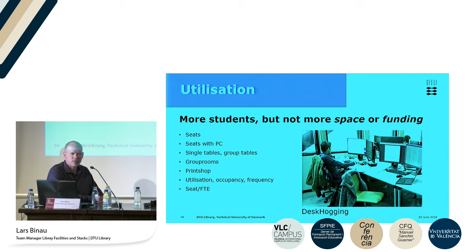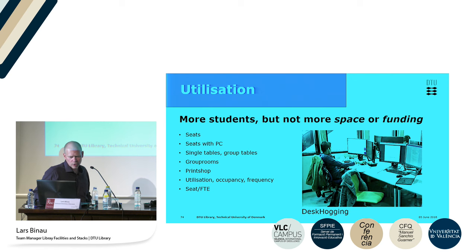We can't have seats that are available that nobody knows of. We can't have group rooms that people have left even though they have booked it. We can't have auditoriums that are empty when there's so many students. So we really have to work on that.